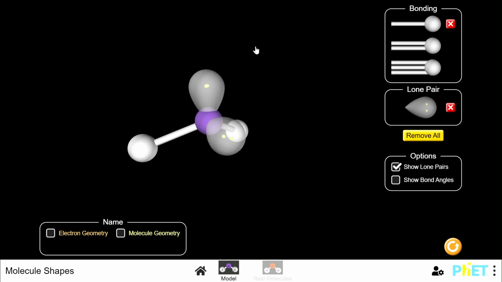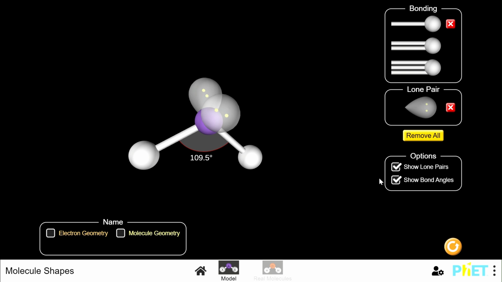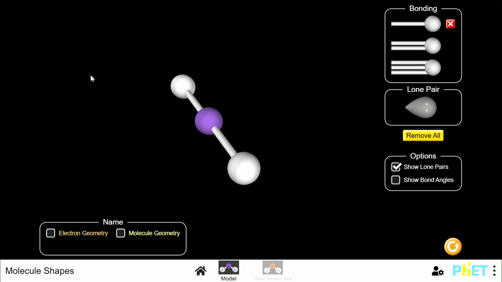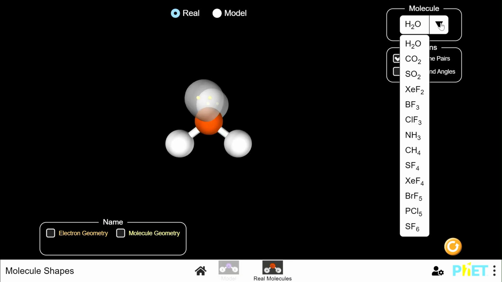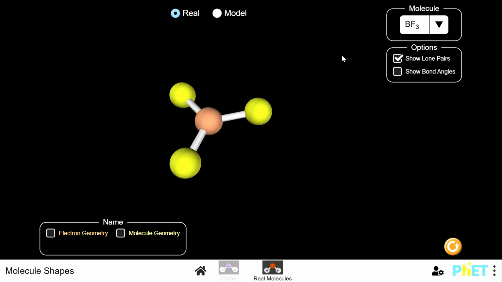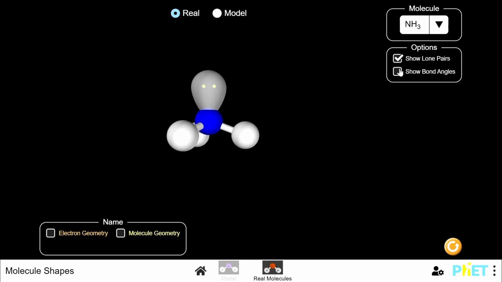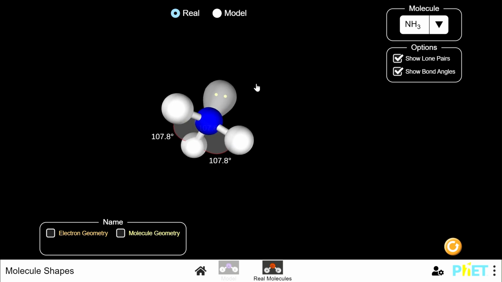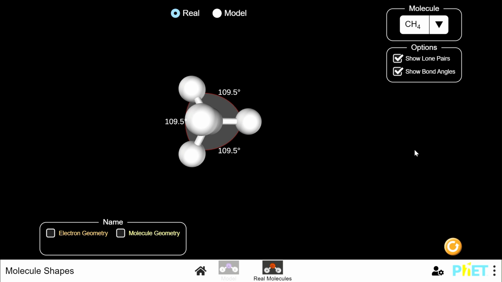You can rotate this, you can see the bond angles for yourself, and you can also see some real molecules here, and the exercise which we did in different types of molecules. Even in some of the practice questions, it will show you the actual angle, which is 107.8, but in the perfect tetrahedral it was 109.5.